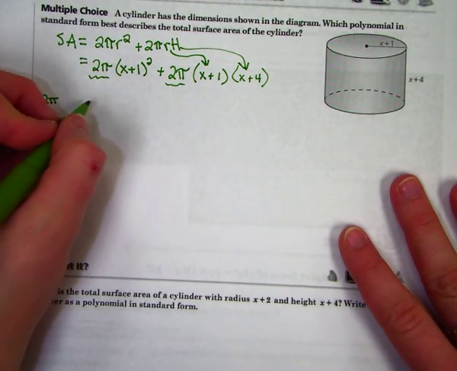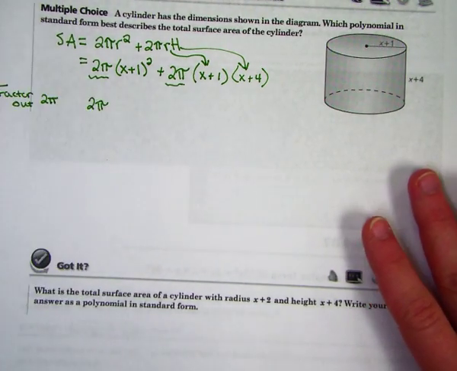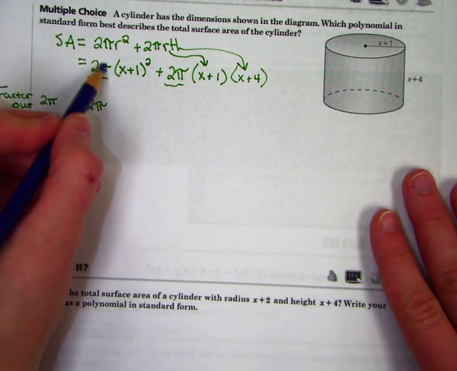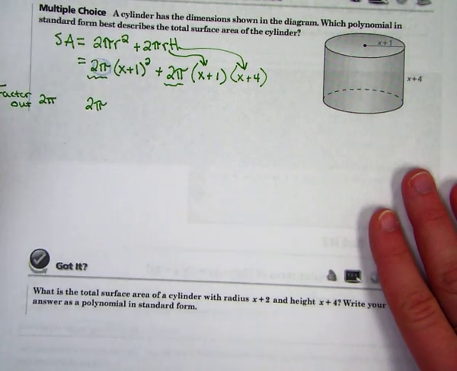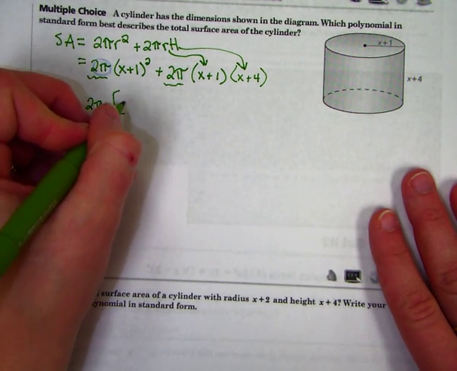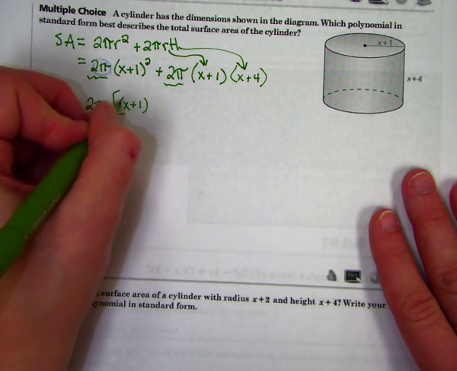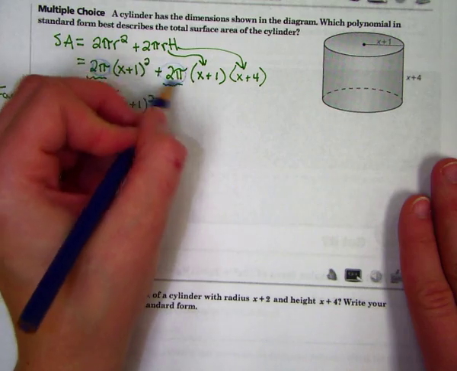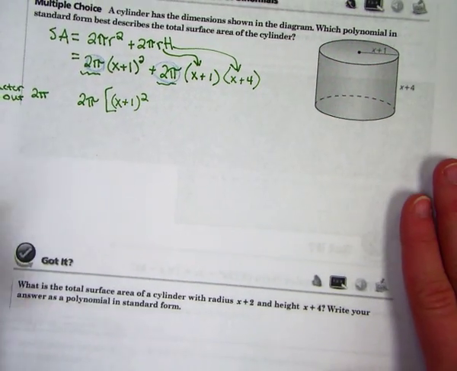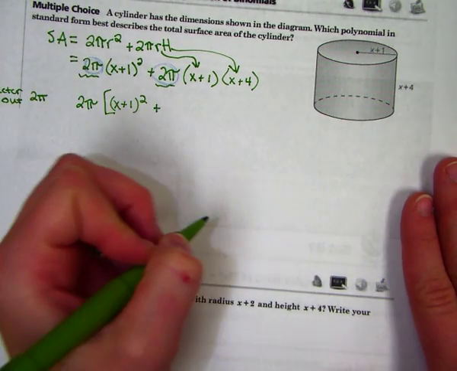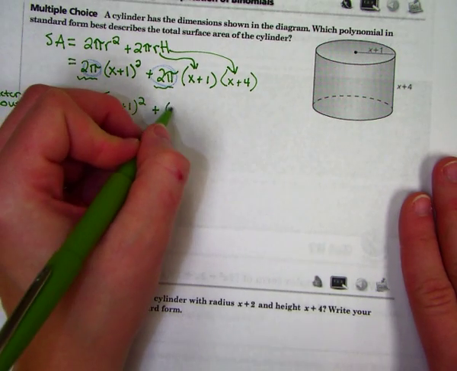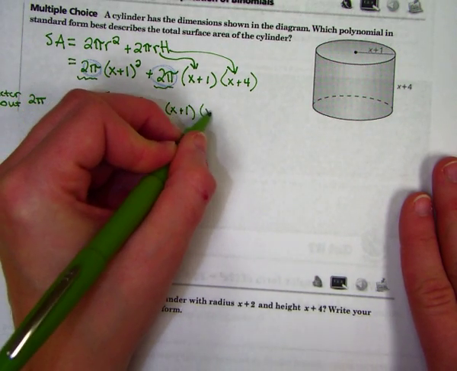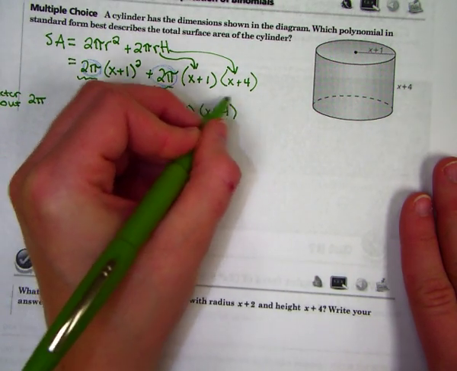So I'm going to write 2 pi, and if I take a 2 pi away from this one, I will be left with x plus 1 squared. If I take a 2 pi away from this one, I will be left with a plus sign, an x plus 1, and an x plus 4.